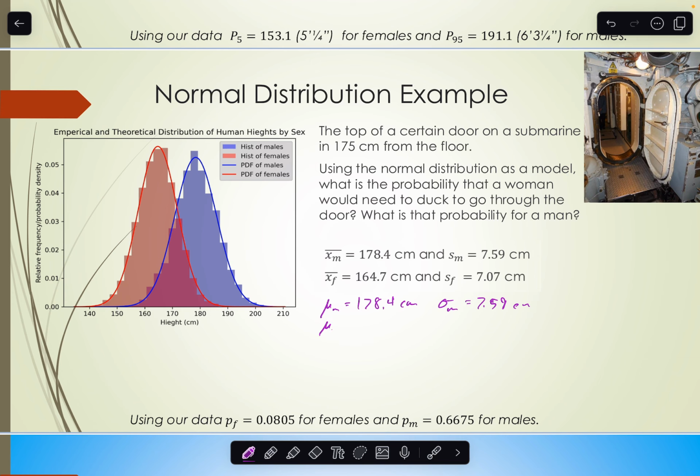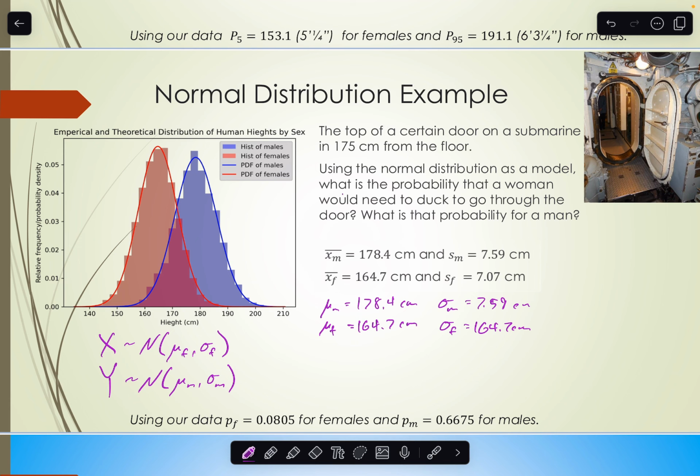First, we need to find our parameters, the things that we plug into our probability density function, our probability distribution. So we've got the average for males and the average for females, the standard deviation for males and the standard deviation for females. I'm going to have X be the height of a randomly selected female, and Y will be the height of a randomly selected male.